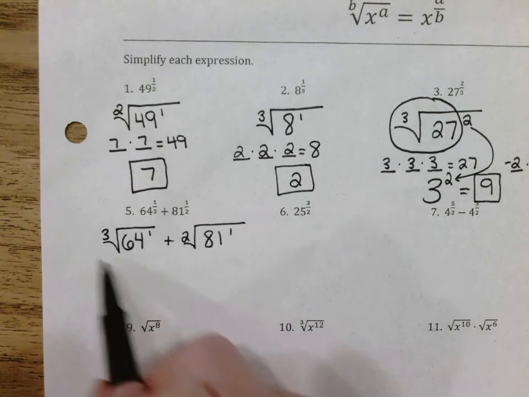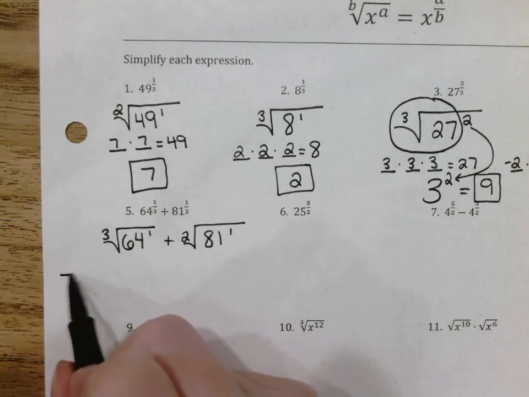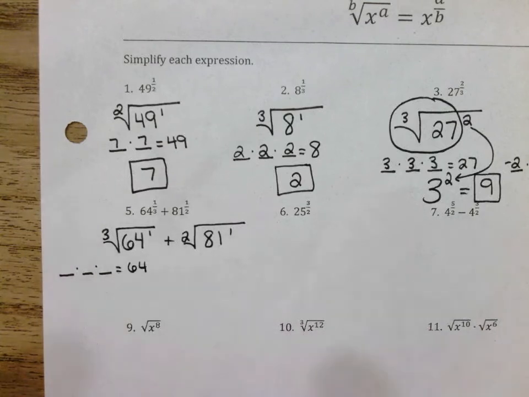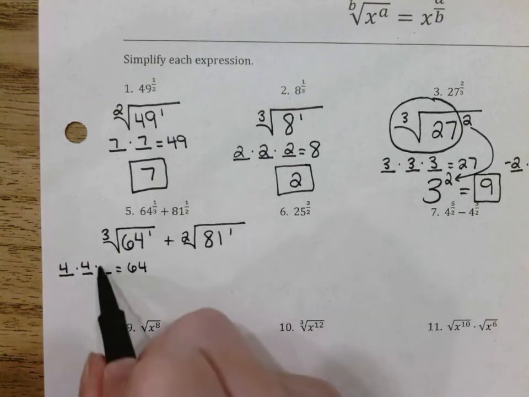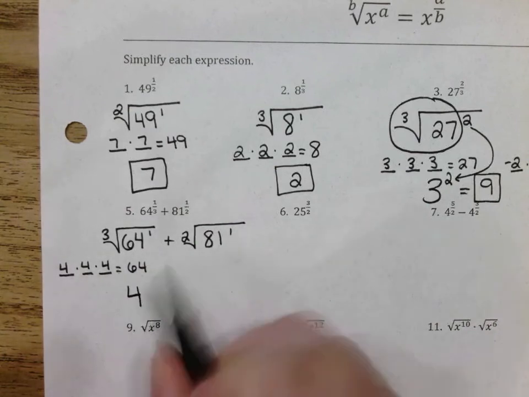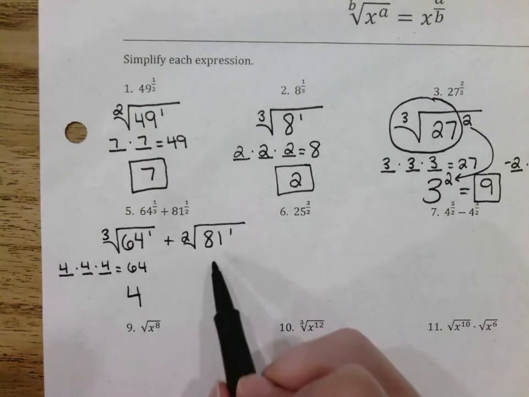And this one may take a little bit of guessing here, but we need 3 things that are going to multiply to get us 64. So you can try some things, but it ends up being 4. 4 times 4 is 16. 16 times 4 gets us that 64. So that one is 4. Okay, I took care of that part of the expression.